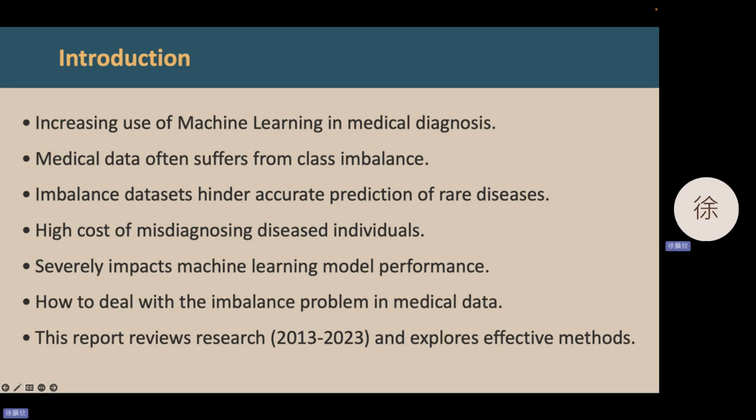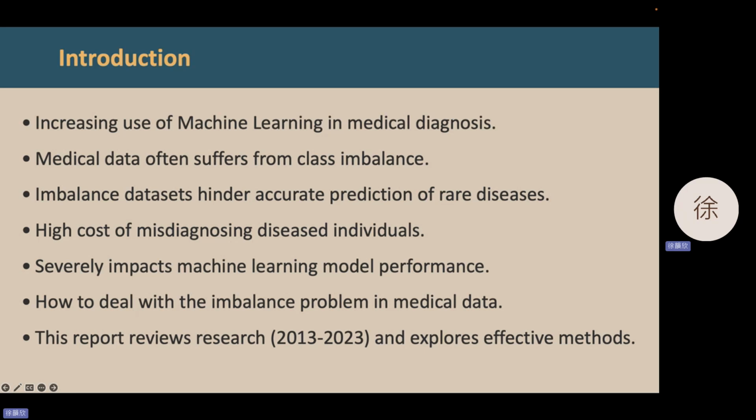This imbalance can lead to machine learning models performing poorly when predicting rare disease and high cost of misdiagnosing diseased individuals. Models favor majority class, neglecting minority class. It severely impacts machine learning models' performance. Therefore, how to deal with the imbalance problem in medical data is an important research topic.